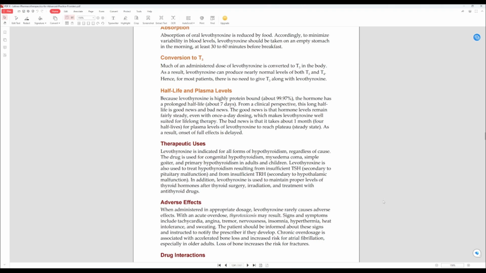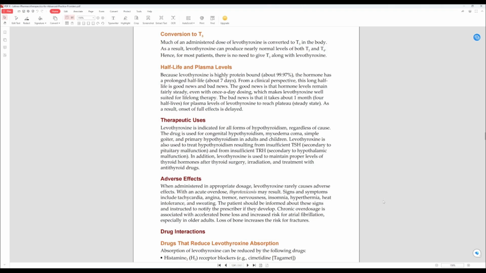Its half-life and plasma level. Because levothyroxine is highly protein bound, almost a pure 100%, but technically about 99.97%, the hormone has a prolonged half-life, about 7 days. From a clinical perspective, this long half-life is good news and bad news.